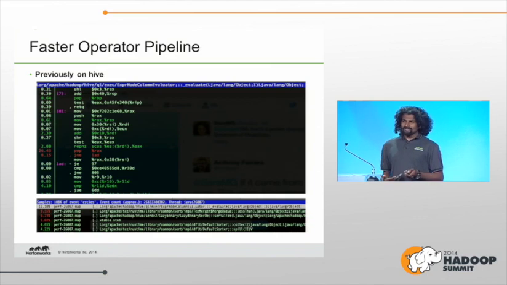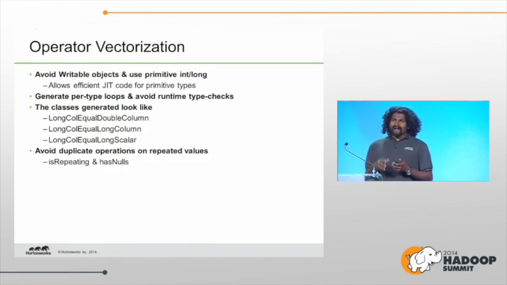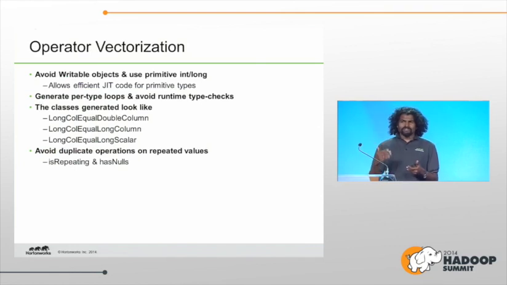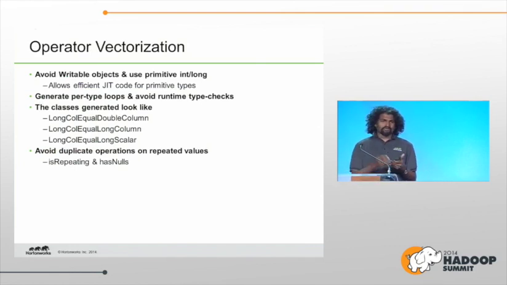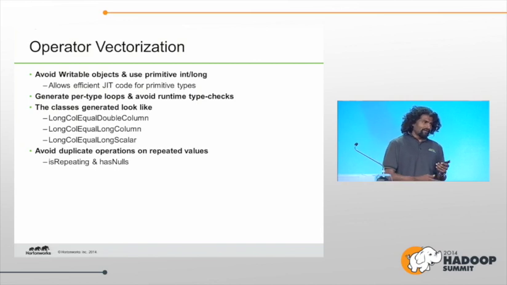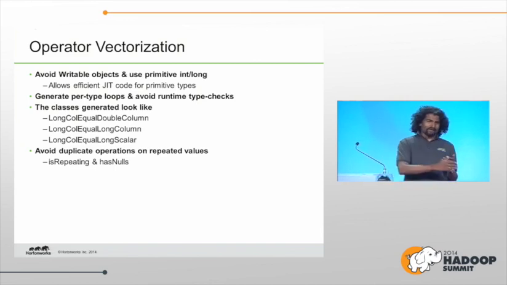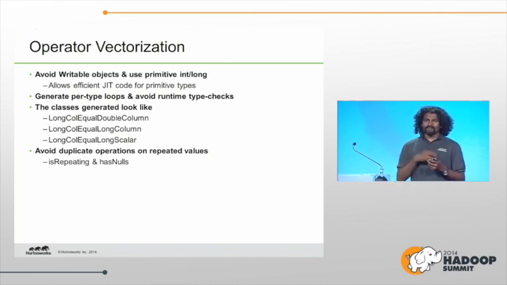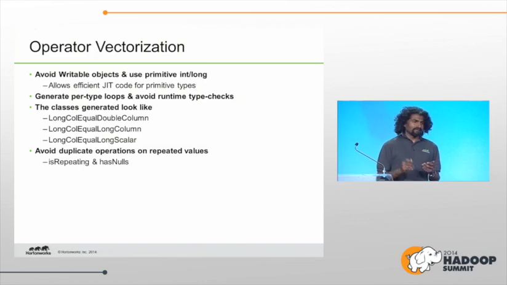So to take advantage of this, we added the features that we did with vectorization, with the knowledge that types do not change at runtime, to produce independent operators for each comparison. So there is code in Hive when you build, which goes through all the operators you have and generates type conversion and type comparison operators, so that comparing an integer column to a constant value produces different and faster code than comparing it to another column in the same system.